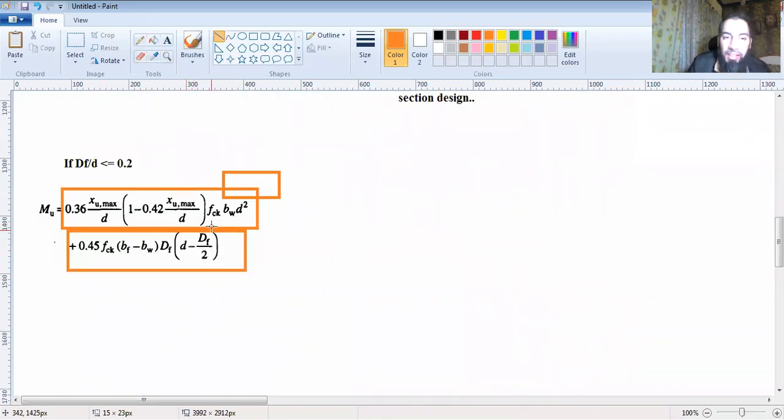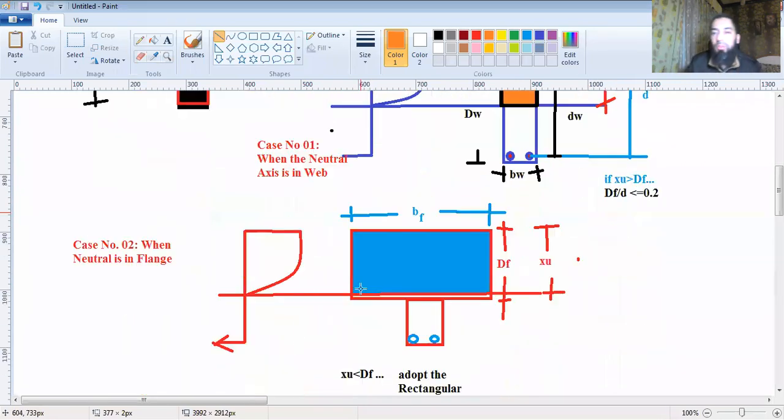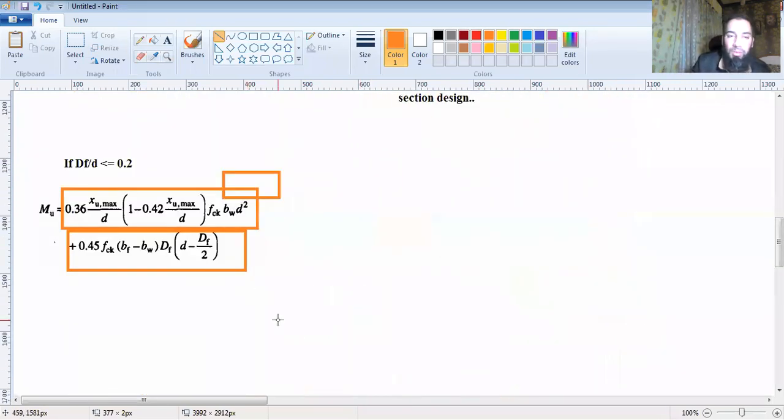Then d minus Df by 2. Now d minus Df by 2 is giving you the lever arm, which would be taken for this portion, which would be at the center of this. So it's d minus Df by 2 is the lever arm. So you're then getting the moments into the stress, which is 0.45 fck.